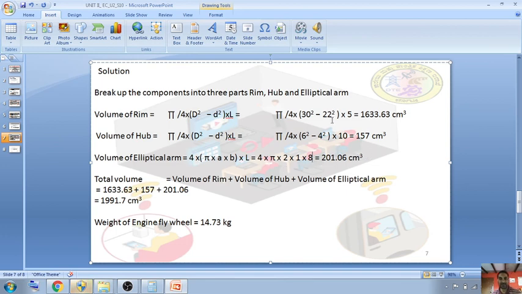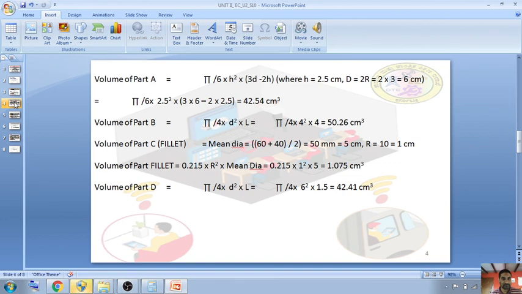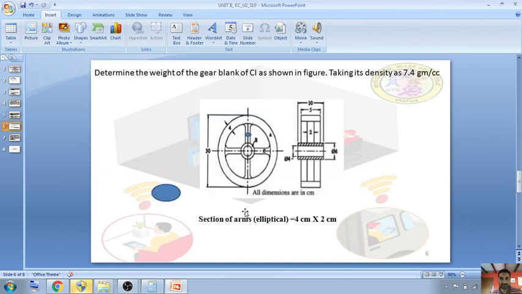So we have only the 3 components. Add all these 3 volumes, 1, 2, 3. So we get the total volume as 1991.7. Multiply it by the density, which is given here. Density is given as 7.4.